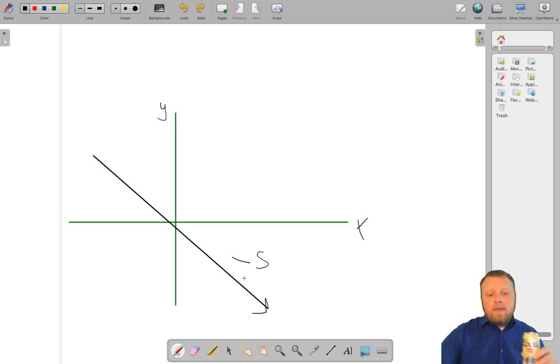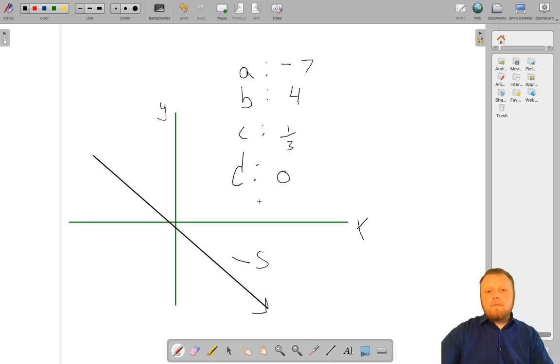Anyways, so now that you know that's negative, when they give you the questions, A, B, C, and D, on your online math course, or whatever you want to call it, and A is negative 7, B is 4, and C is 1/3, and D is 0, whatever it might be, you know that's a negative slope because it's traveling in the downward direction going right.